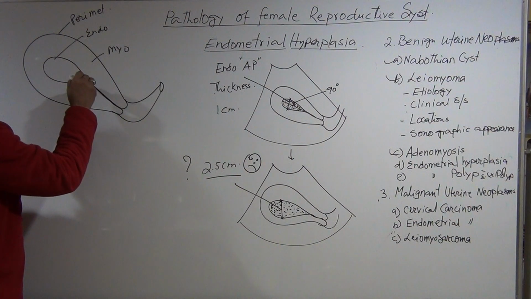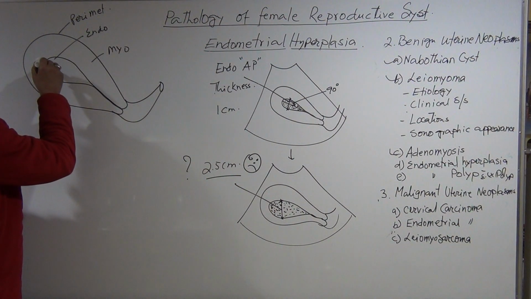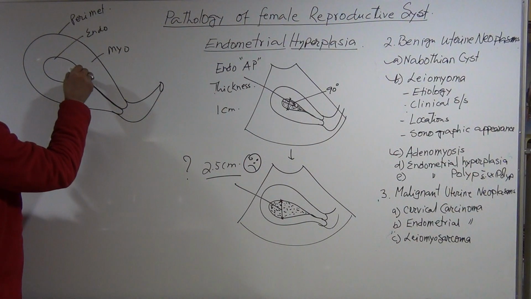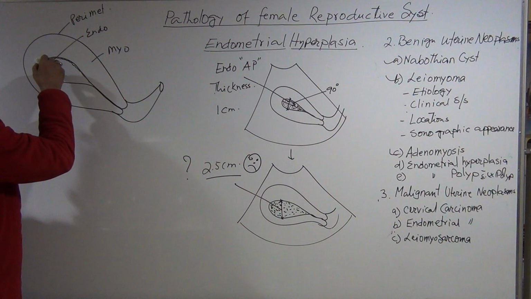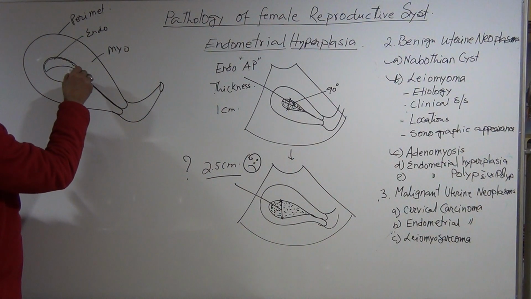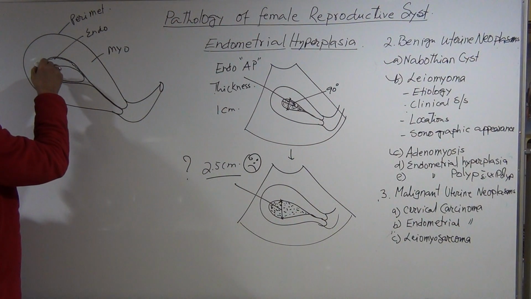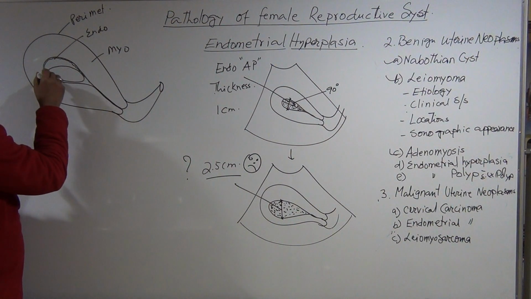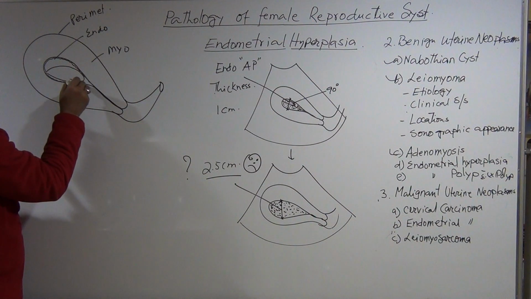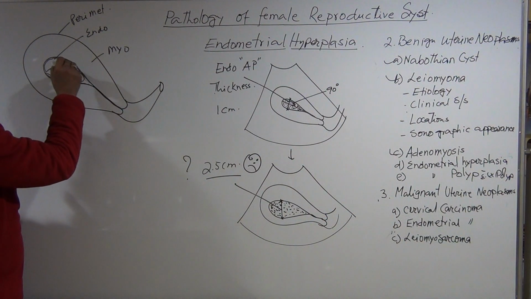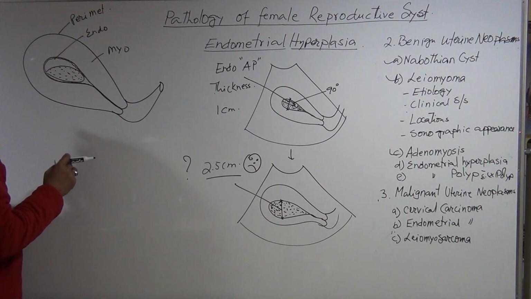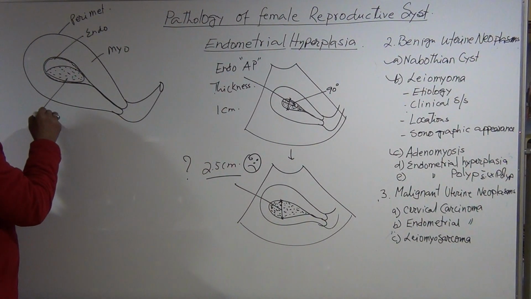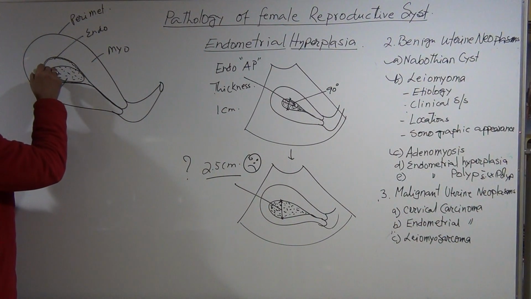If you see the endometrium is thicker because there is a polyp, and this polyp has a pedicle.